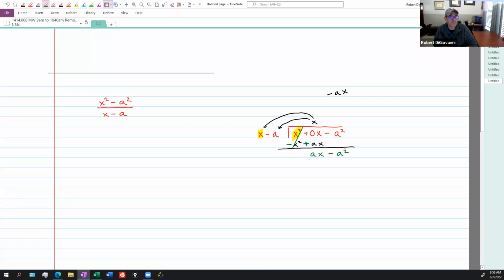Questions? Play the game again. What do you multiply x by to get ax? Just a, right? Plus a. Okay, so now multiply a times x. That's ax, so I put it underneath the other ax. And then a times negative a gives me negative a squared.